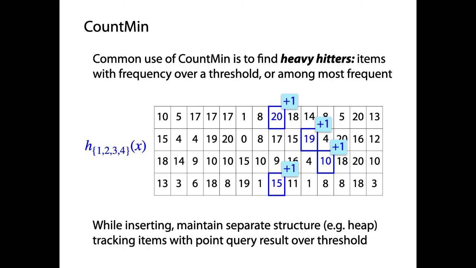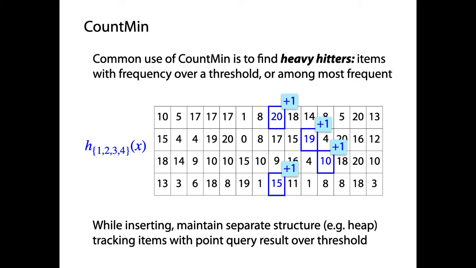We might need to keep, for example, a heap data structure, where not only are we able to keep track of the counters in the CountMin sketch, but once we see that an item might be a candidate for inclusion in the top 10, we have a way of checking whether it's already in the top 10. We have a way of checking whether it really is better than one of the existing top 10. So we can use a heap to do that. So that's another common application of this CountMin sketch.